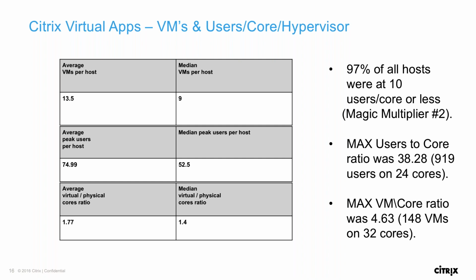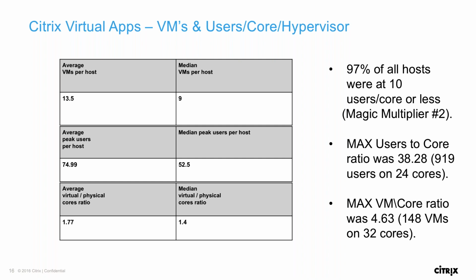But there are some customers that skew the average a little high, so that's why we show the median. The median is 9. The average peak users per host is 74.99, so about 75 users per host. The median is 52.5. And the average virtual to physical core ratio is 1.77. The median is 1.4.